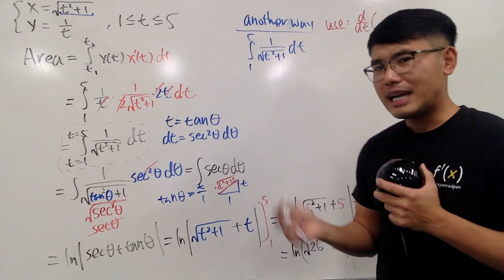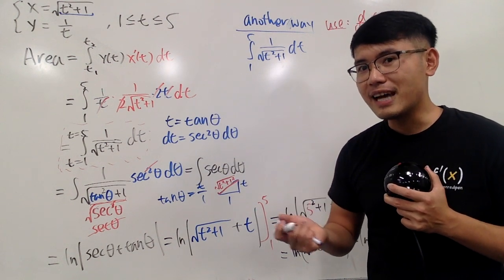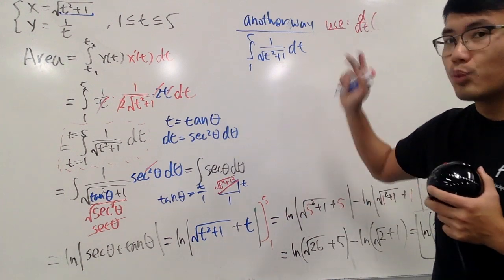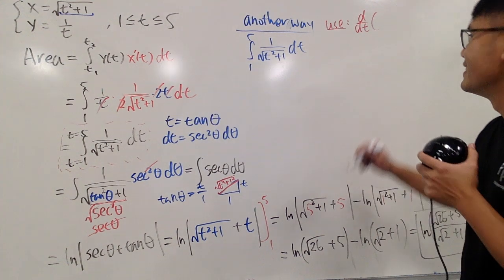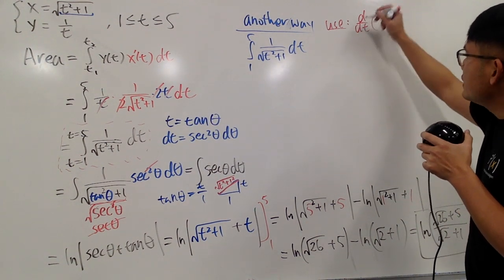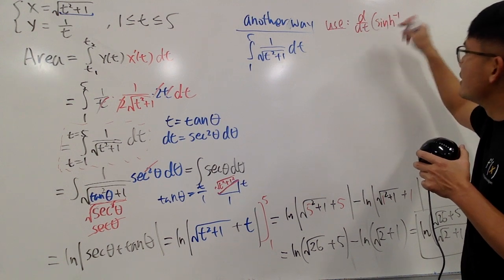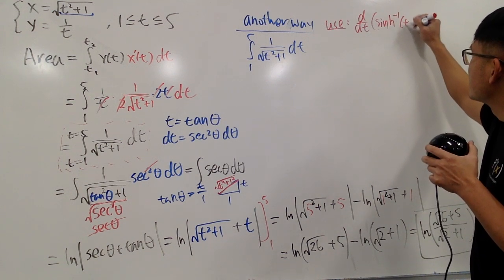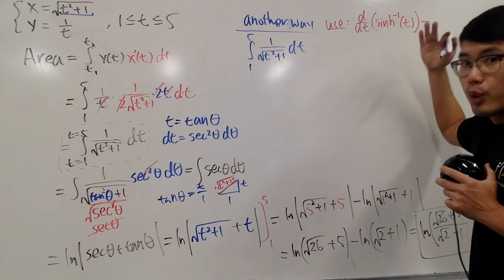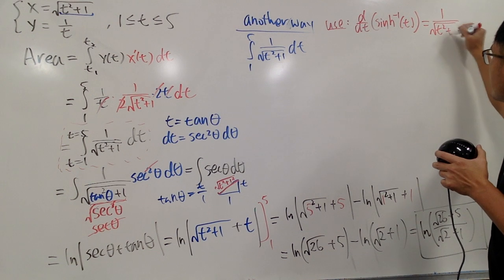Notice, this right here is actually really similar to the derivative of inverse sine, but the inverse sine is 1 minus t squared. This is the sinh inverse though. So notice the derivative of the inverse hyperbolic sine, in other words, inverse sinh of the input t, will give us 1 over square root of t squared plus 1.